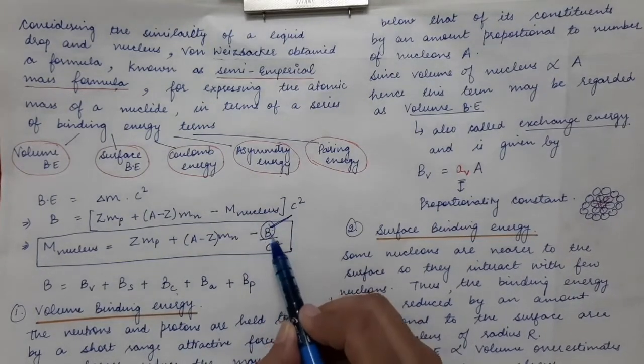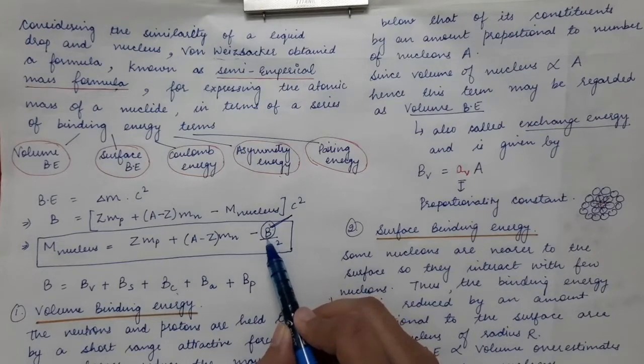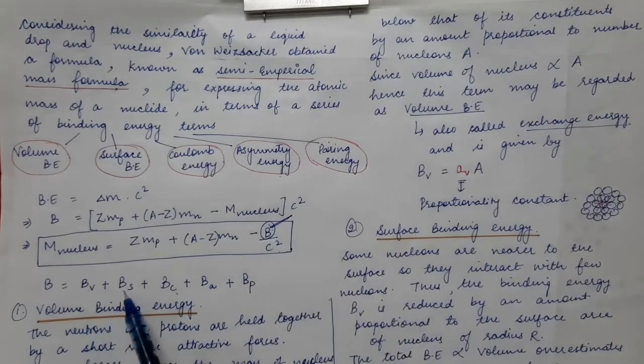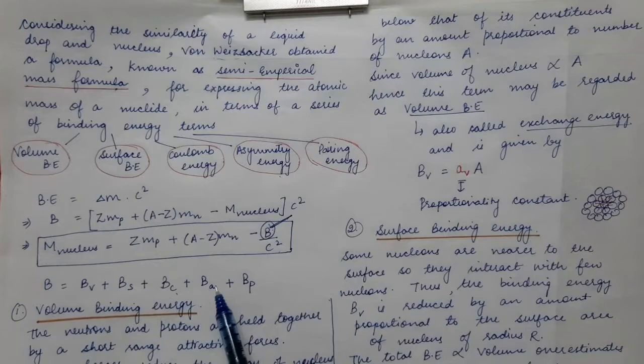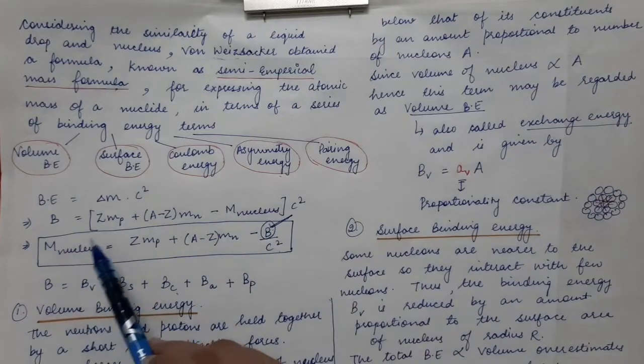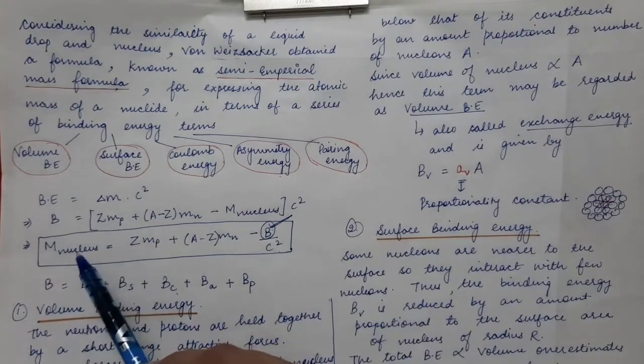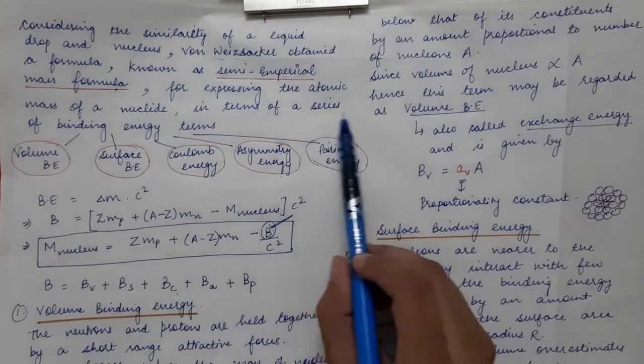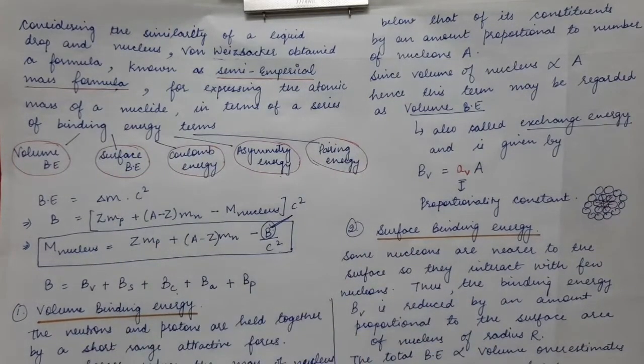So this is the total binding energy, and instead of capital B we can write Bv plus Bs plus Bc plus Ba plus Bp. We can substitute this whole expression in this term, so we will get the mass of the nucleus in terms of the series of binding energy terms. In the next lecture we will look at the various binding energy terms.